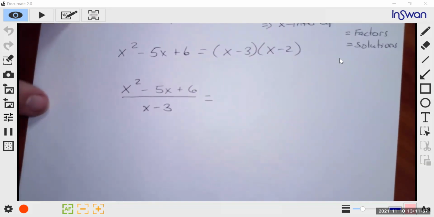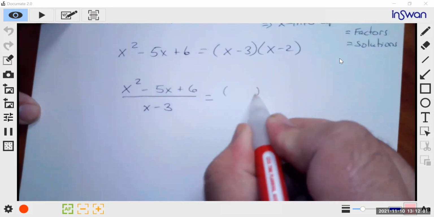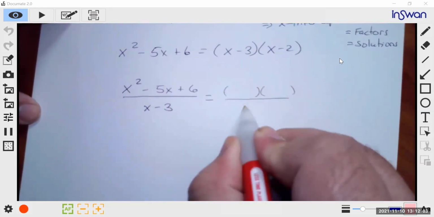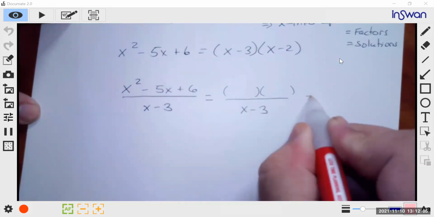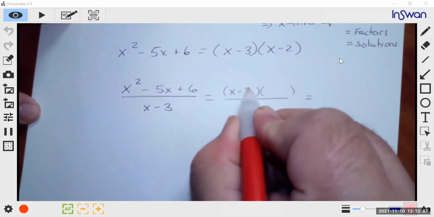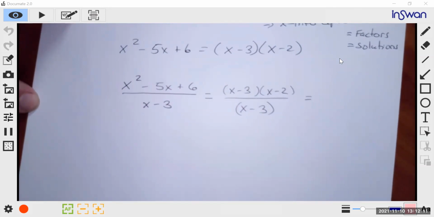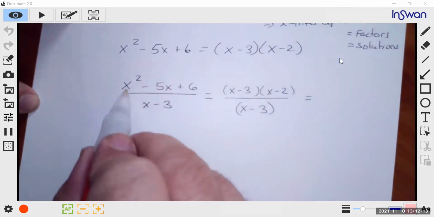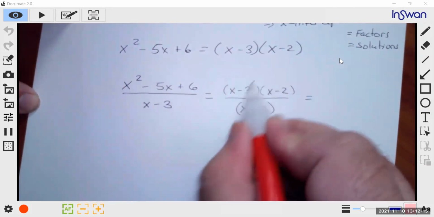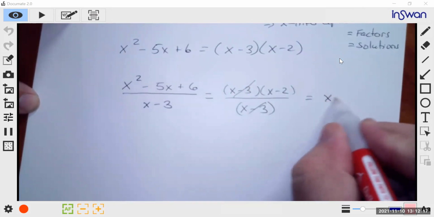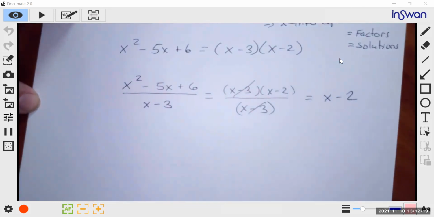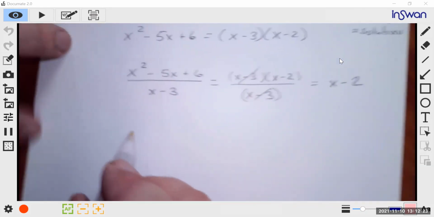Well, we know what we should get, because if we factor out the numerator, we get this. The x minus 3's can cancel. We should get x minus 2 as an answer. But let's see how we do it.